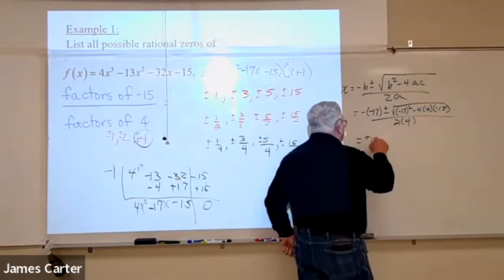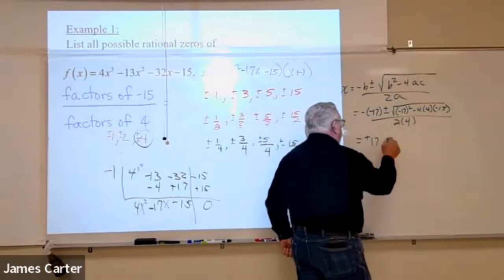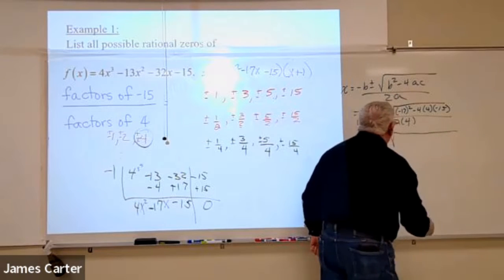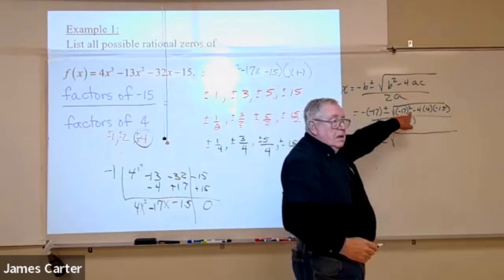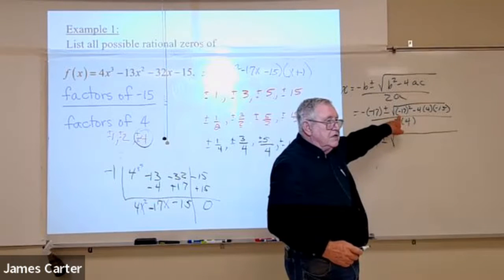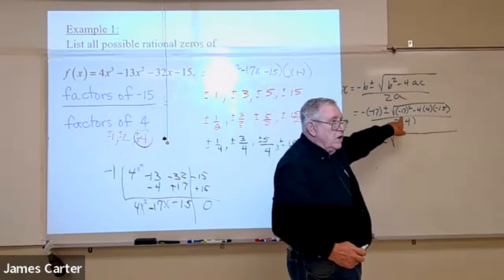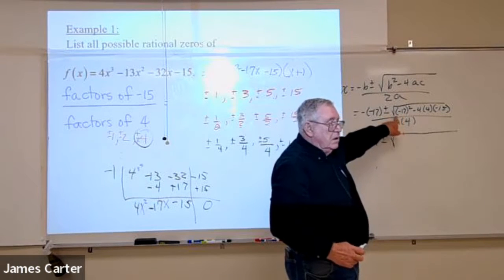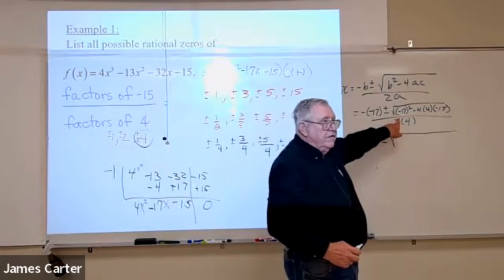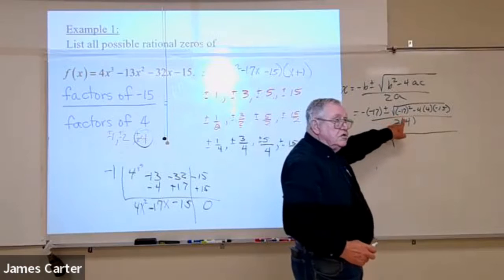This becomes positive 17 plus or minus. Someone take your calculator and square negative 17. Hit negative 17, hit the x squared button. Okay. That's what I thought it was, but I wanted to verify. Why did I think it was 289?